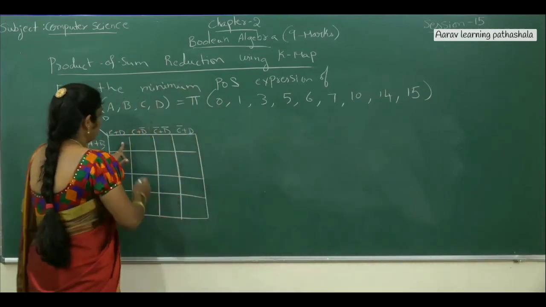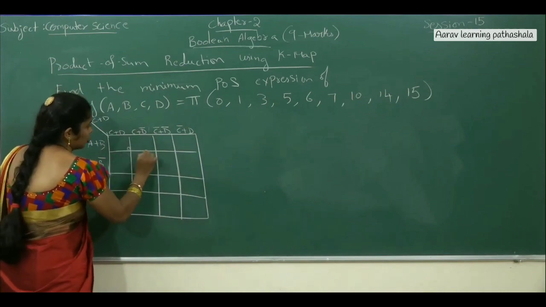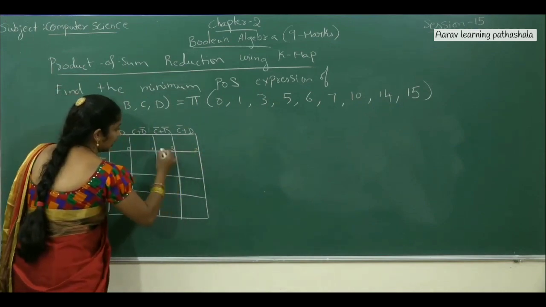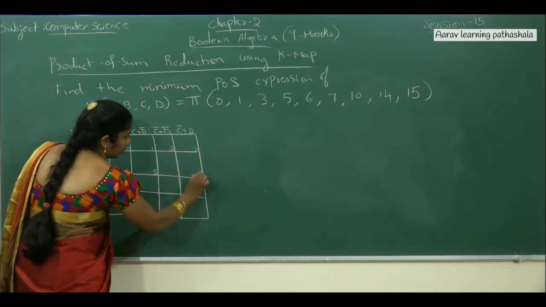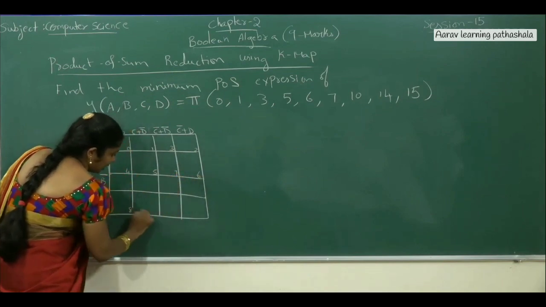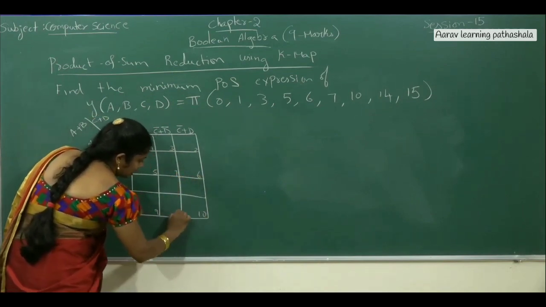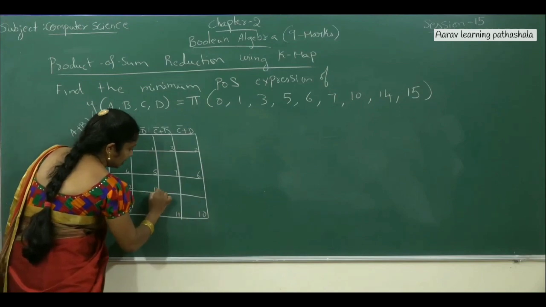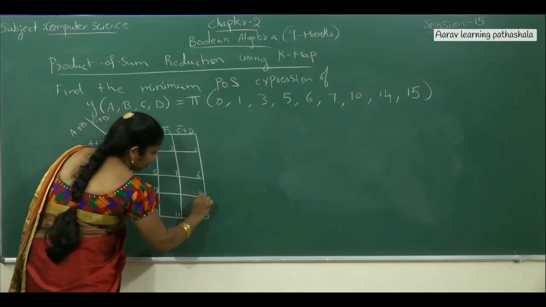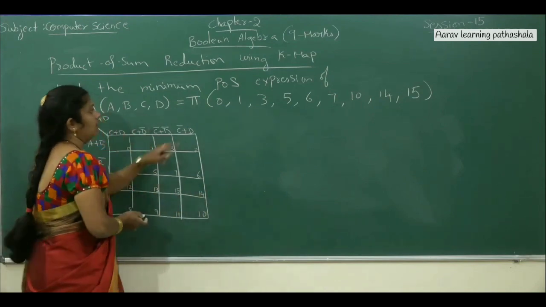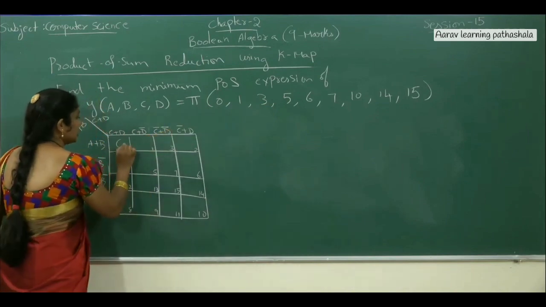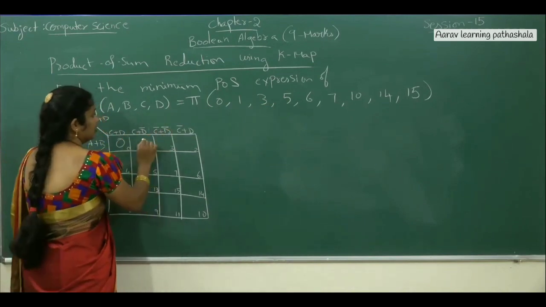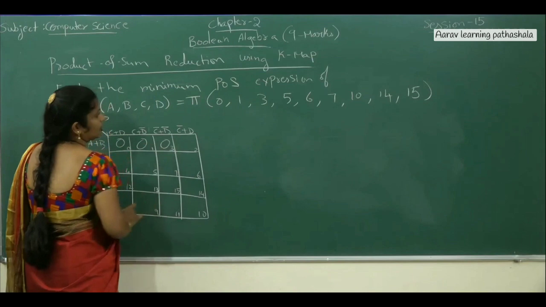Now before identifying, write the cell numbers 0, 1, 2, 3, 4, 5, 6, 7, 8, 9, 10, 11, 12, 13, 14, 15. For cell 0, write 0. Next for 1, write 0. For 3, 0.